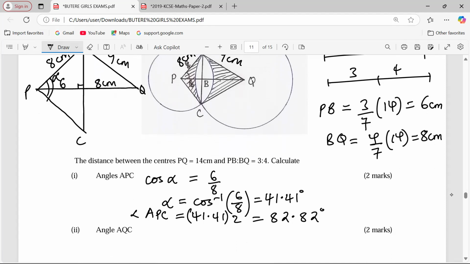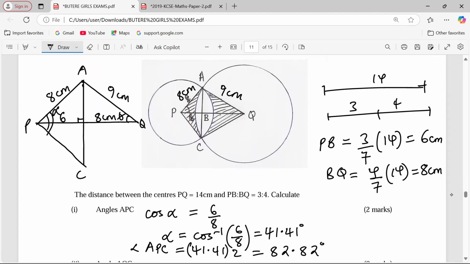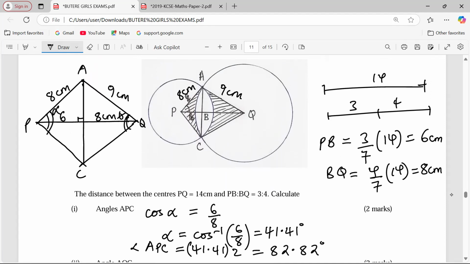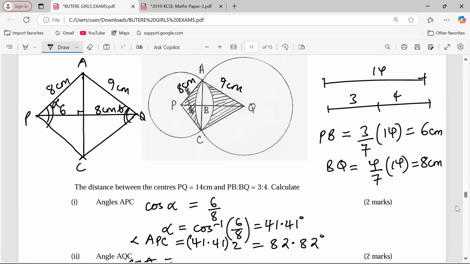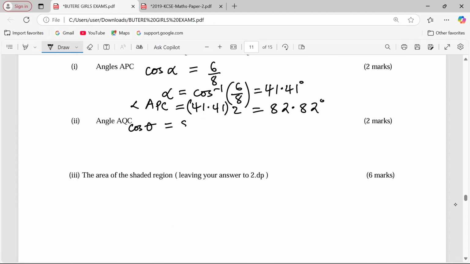Then on the other side, allow me to call the angle here theta. We are supposed to get theta first, then for us to get AQC, we have to multiply theta by 2. Again, we apply cosine. The cosine of theta is given by, according to theta, the adjacent length of 8 over the hypotenuse, which is 9. Meaning that theta is the cos inverse of 8 over 9. So you go again to shift cos 8 over 9.